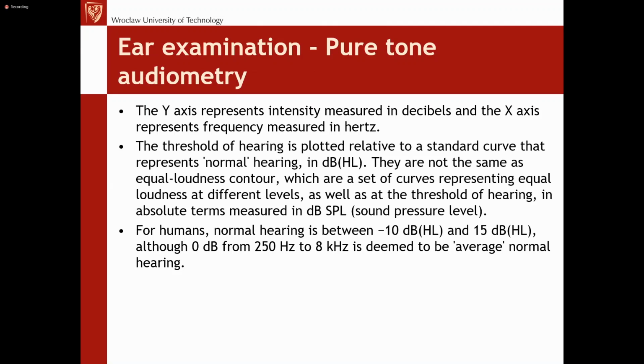For humans, normal hearing is between minus 10 decibels HL and 15 decibels HL, or some sources assume that 20 decibels is also a normal good hearing, and the range of frequency is from 250 hertz to 8 kilohertz.